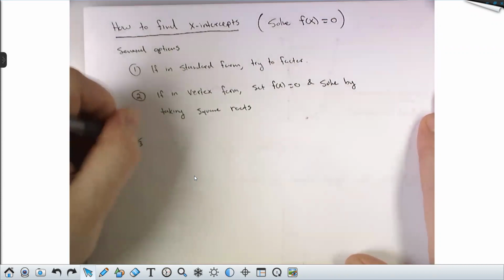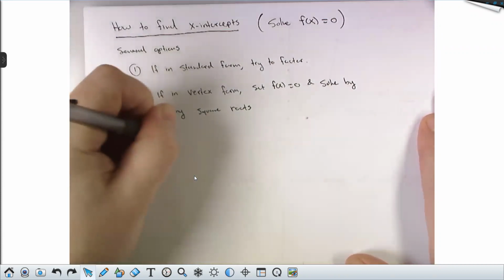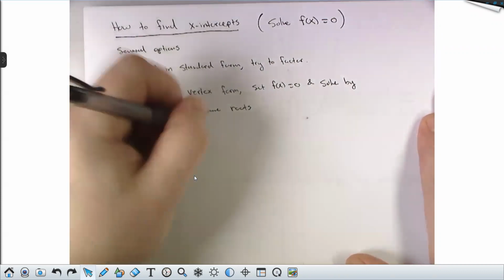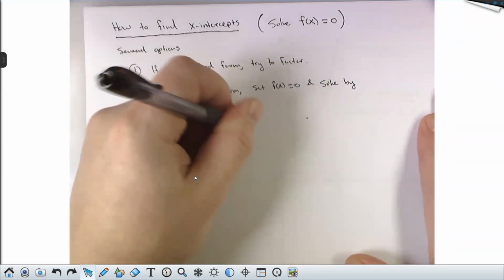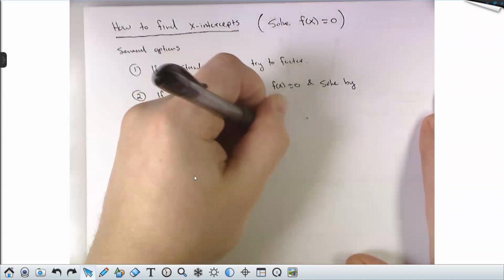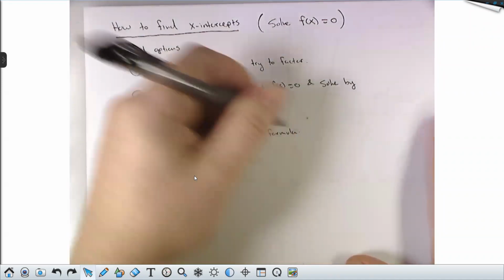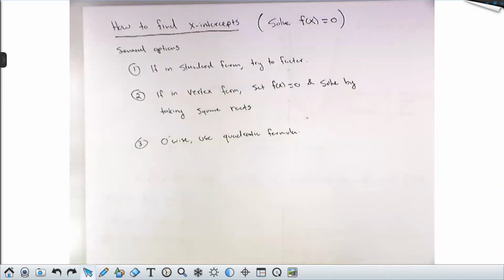And if all else fails, you can use the quadratic formula, which I will show you. And I will embarrass myself for you to give you a way to remember it, that you'll always remember.